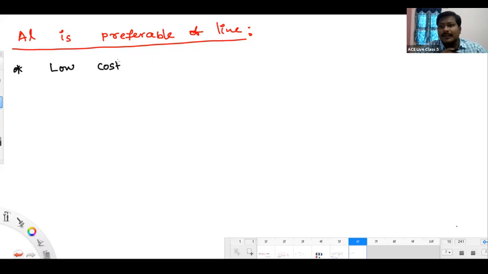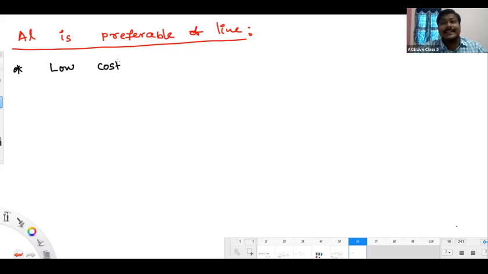Density of aluminum conductor is less compared to copper. Density means what? Density in the sense simply weight per volume. So same volume material you have taken. Same volume aluminum and copper conductor you have taken. Aluminum conductor weight will be less for that volume compared to copper. That's the thing what I am saying.